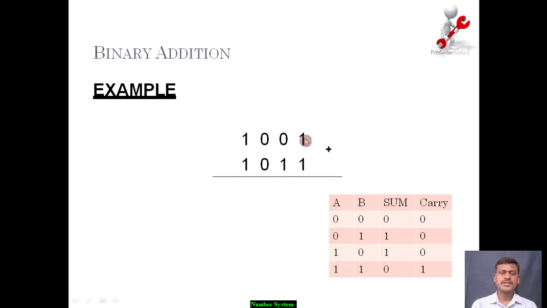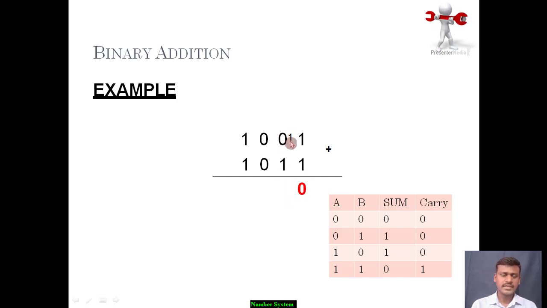So first is 1 plus 1. You can see here 1 plus 1. From the table we will see what the sum and carry are. 1 plus 1 means the sum will be 0 and the carry is 1. So 1 plus 1 gives you 0 as the sum, and 1 carry will be taken to the next bit, right?